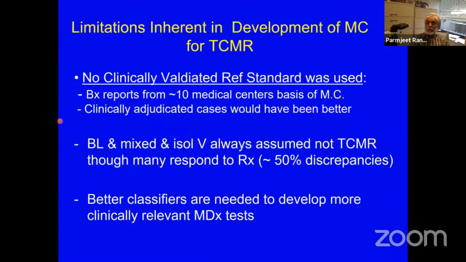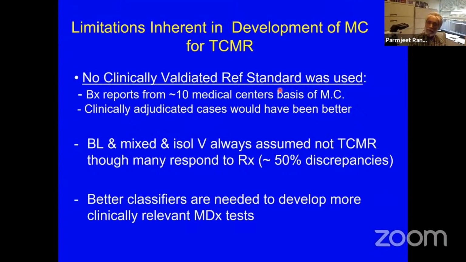There are some limitations inherent in the so-called process of machine learning classifier development, especially referring to MMDX. No clinically validated reference standard was used when these tests were developed. They used biopsy reports, not even biopsy review, the biopsy reports from 10 different medical centers. Clinically adjudicated cases would have been better.